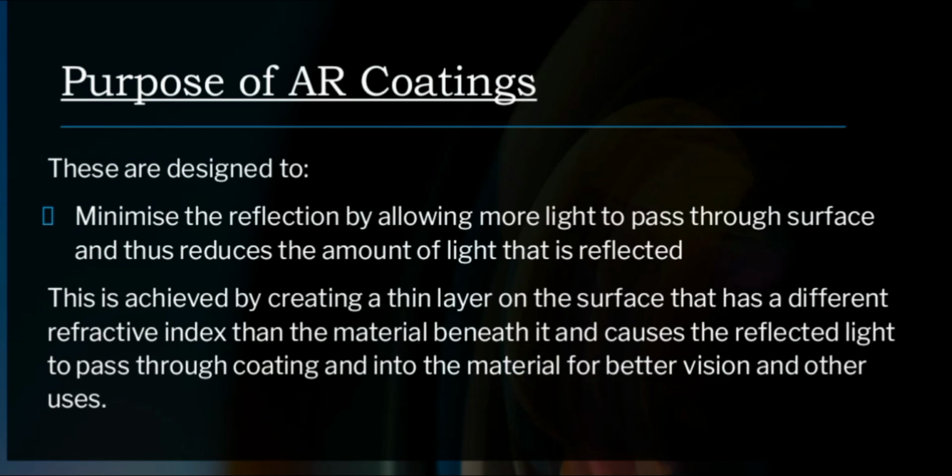We create an anti-reflective coating as a thin layer onto the surface of the glass lenses, that has some refractive index, which will help to pass more light into the lens and minimize the amount of reflection, right?